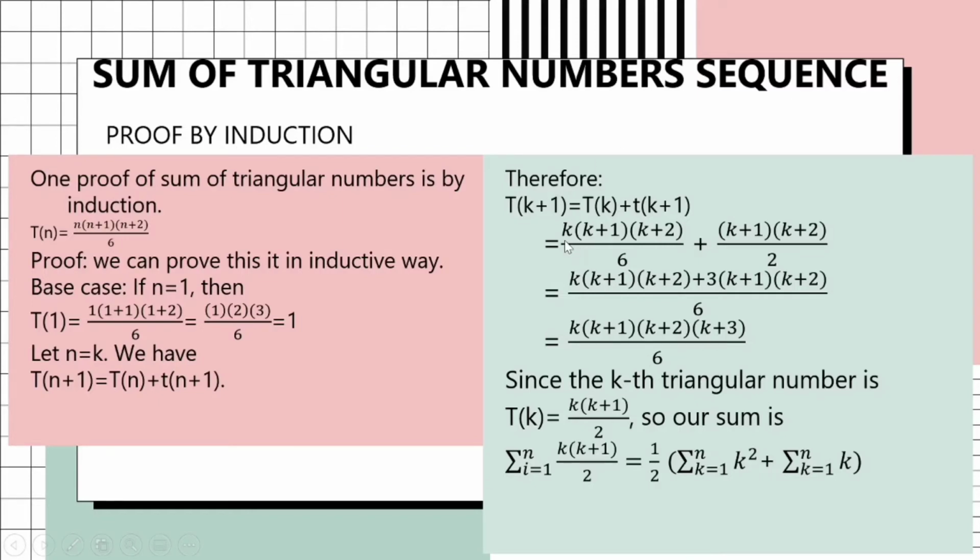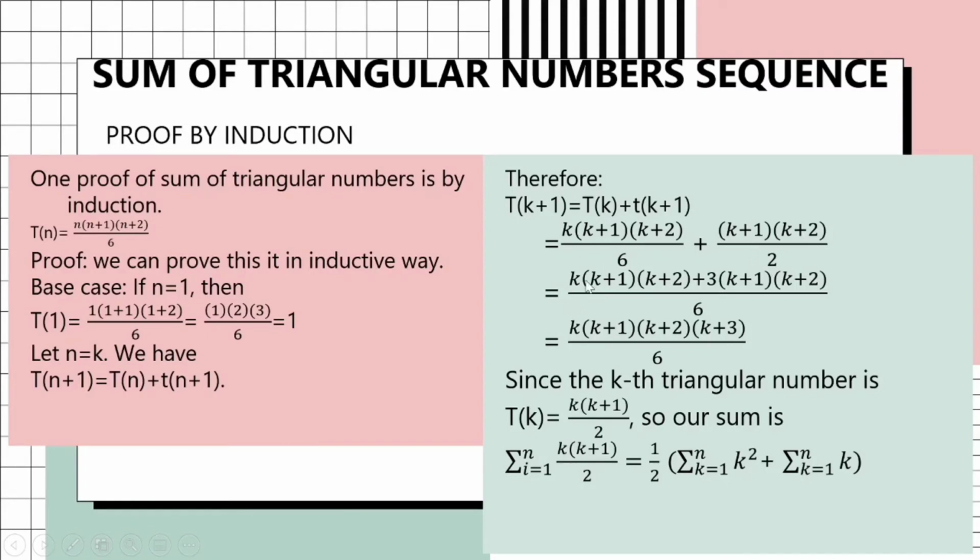So this is k multiplied by k plus 1 multiplied by k plus 2 all over 6, plus k plus 1 multiplied by k plus 2 divided by 2. So this is the triangular number.